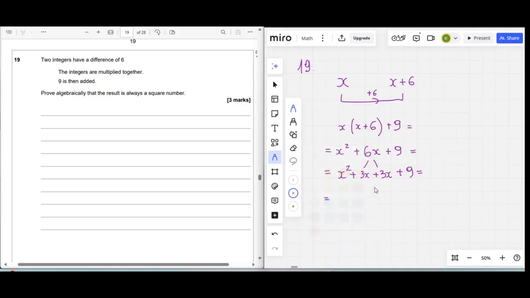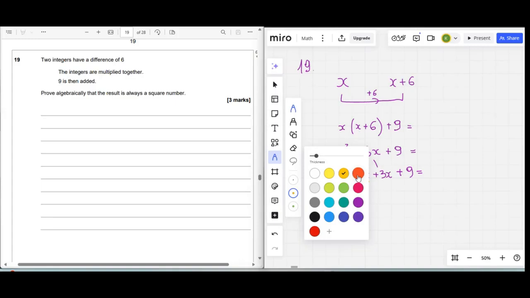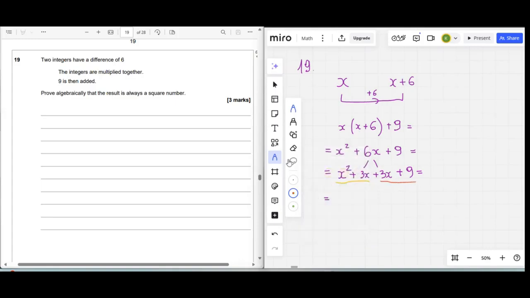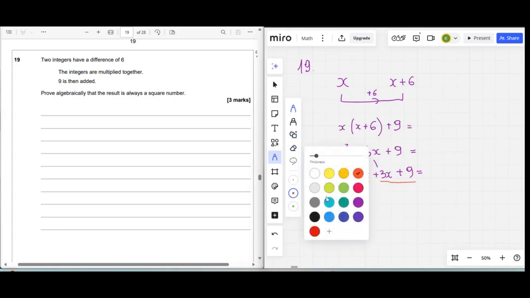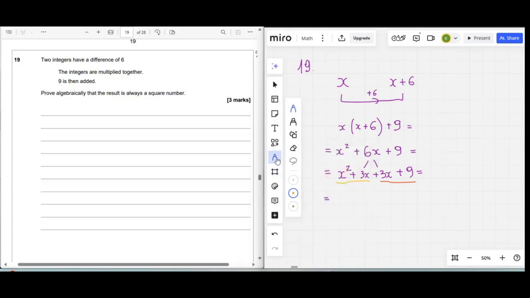And now let's see if we have any common values in the first pair. Is there anything that we can factorize from x squared and 3x? That common thing will be just x to the power of 1.